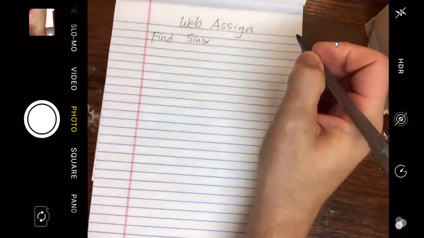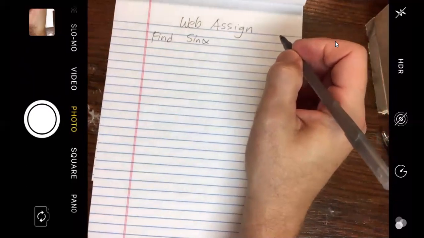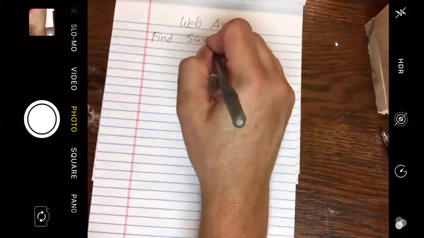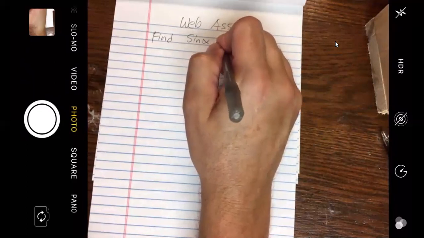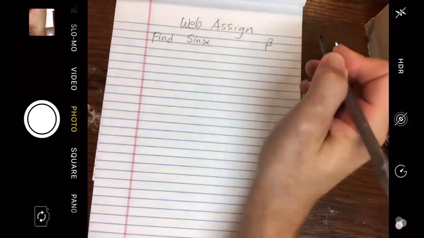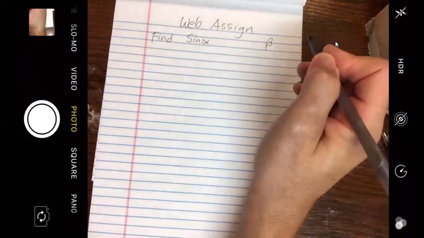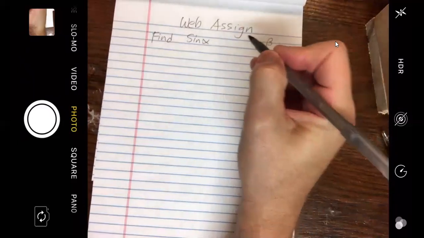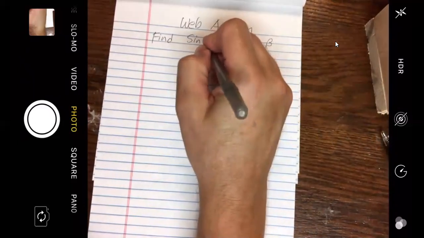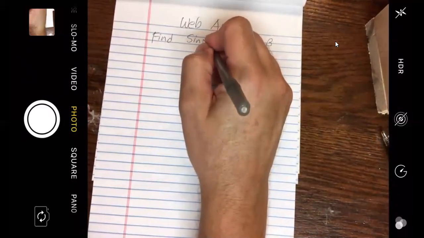It's A and then a B with the line coming down on it. Is it a small A? Small, okay.